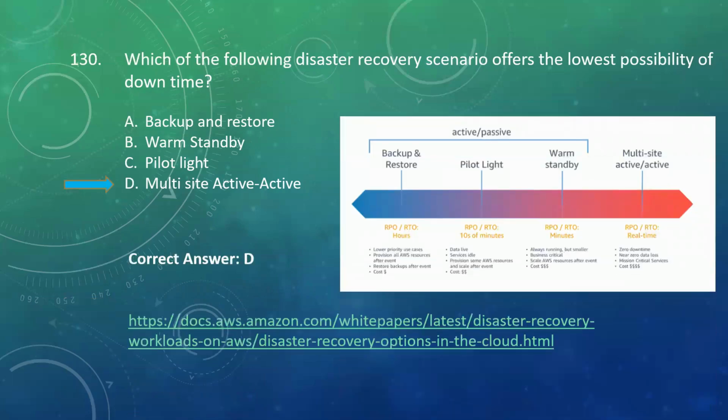However, this option is the most costly to implement. You can refer to the diagram on my screen to understand different types of disaster recovery strategies. You can expect to get some questions around this in the exam, so I would highly recommend you refer to the link on my screen and understand this in more detail.